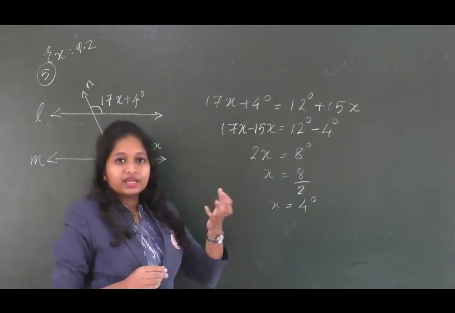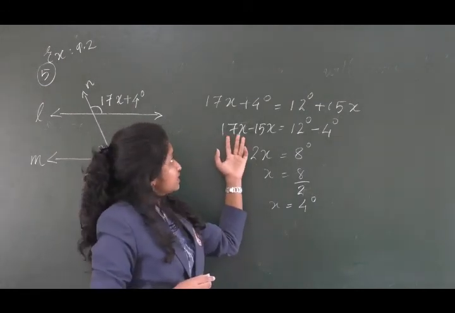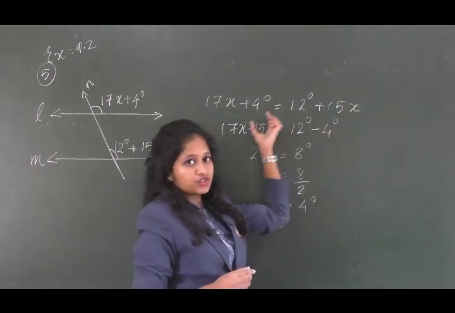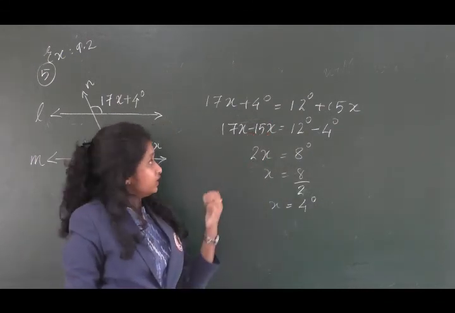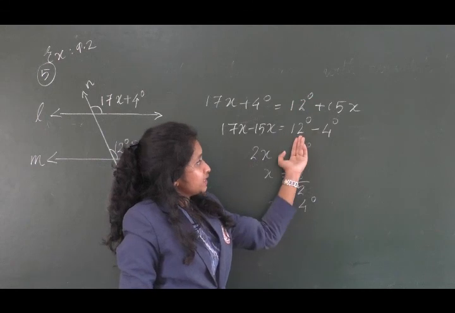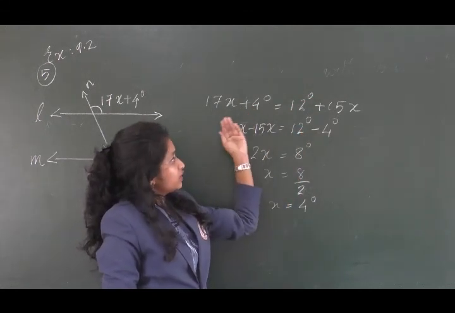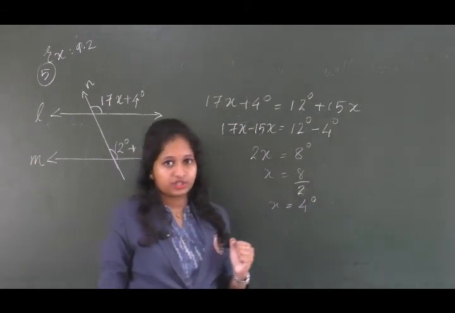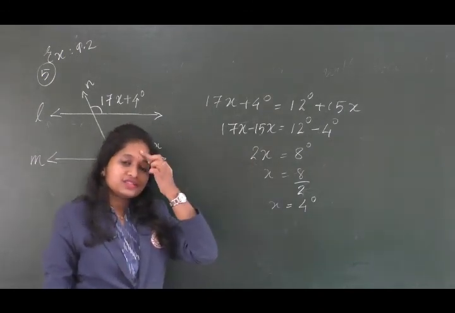Now take the x terms together. So 17x keep as it is here, and plus 15x bring to this side, so it becomes minus 15x. And we have 12 degrees here, place it as it is, and plus 4 degrees take to the other side, so it becomes minus 4 degrees. Now what is 17x minus 15x?